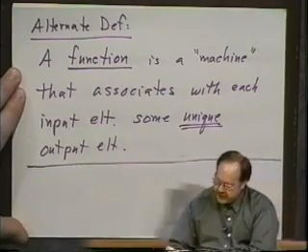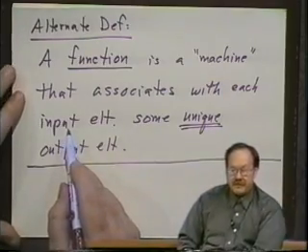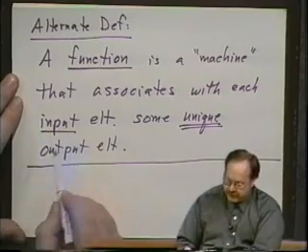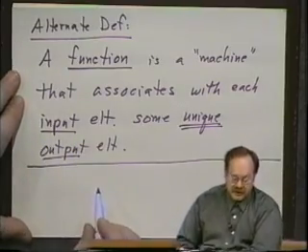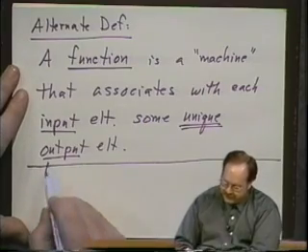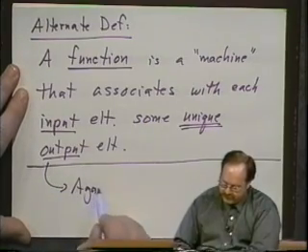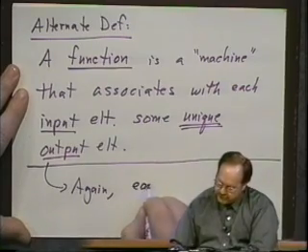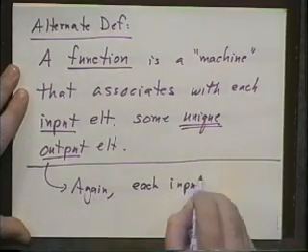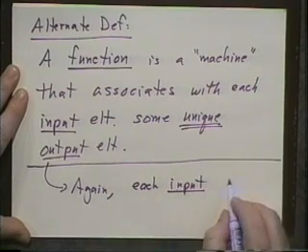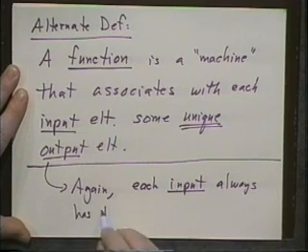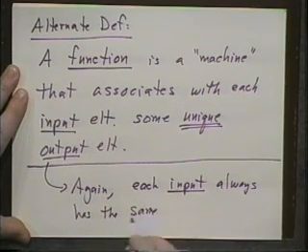Now previously we called those the little x value out of big X and the little y value out of big Y. But now I'm calling them input and output because that makes more sense in the machine context. Again, there's no ambiguity. Each input, x value if you like, always has the same output.